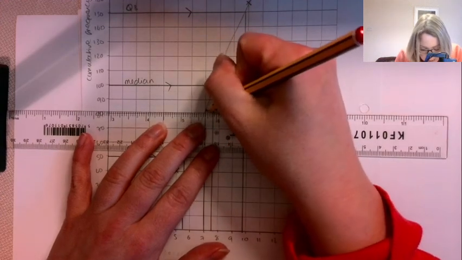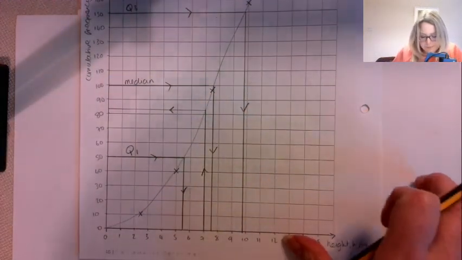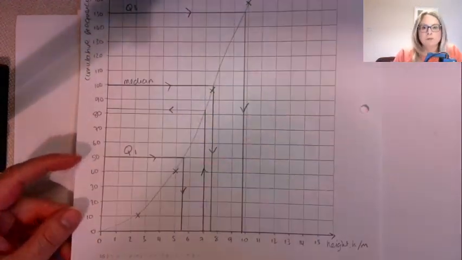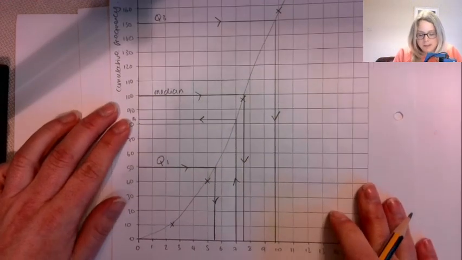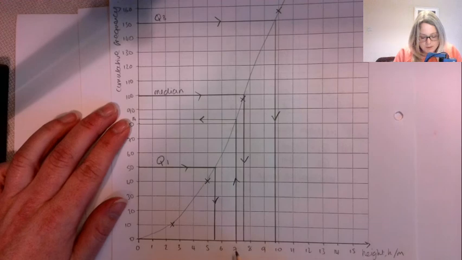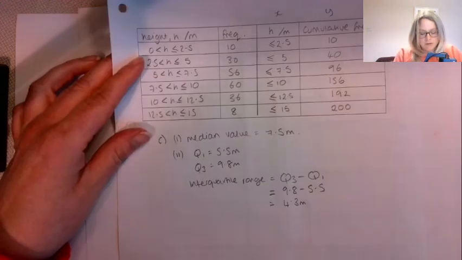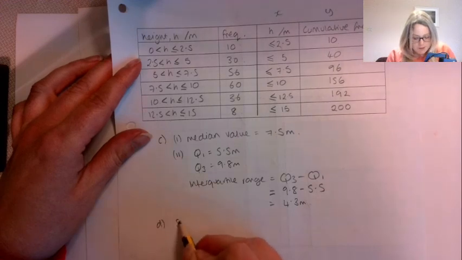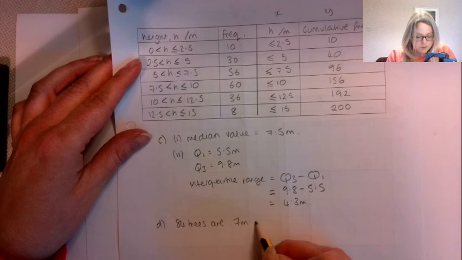So that for me is coming out at about, let's say, 84. All right, I'm going to write that wee one on there. So this 84 tells me that there's 84 trees with a height of 7 or less. So let's make a wee note of that. So for part D, 84 trees are 7 meters or less.